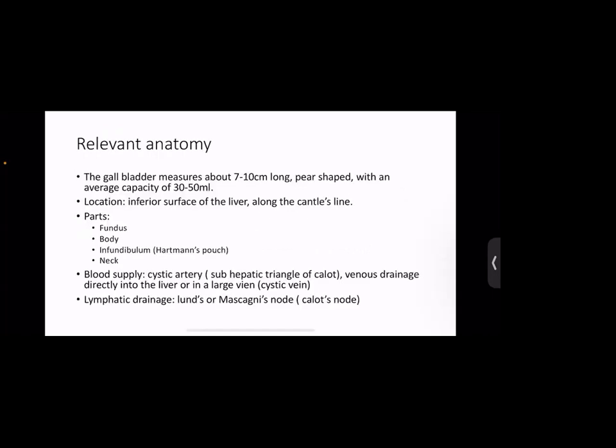The relevant anatomy: the gallbladder measures about 7 to 10 centimeters long, is pear-shaped, with an average capacity of 30 to 50 mils. It's located at the inferior surface of the liver along the Cantlie line. The Cantlie line is a line that separates the liver into left and right.